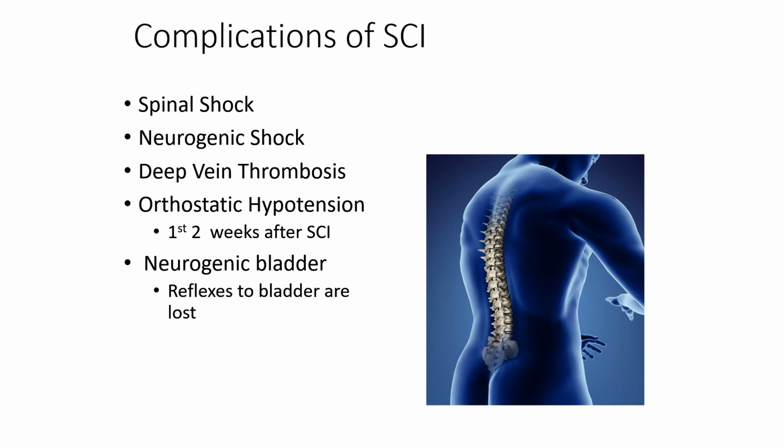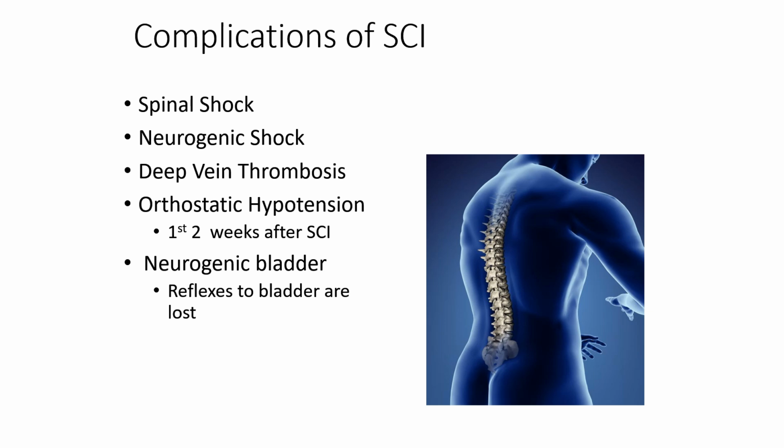So the patient's fight or flight response is lost. So when the sympathetic nervous system is unopposed by the parasympathetic response, you get peripheral dilation, venous pooling, and a decreased cardiac output. Patients in neurogenic shock are hypotensive, so they need fluids.